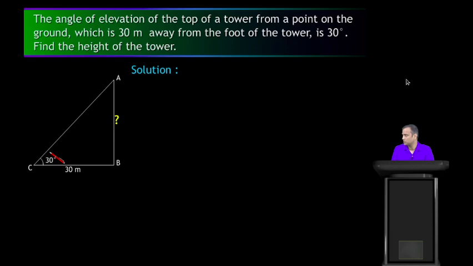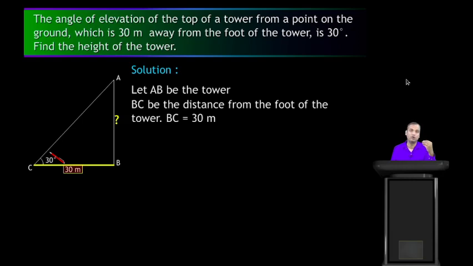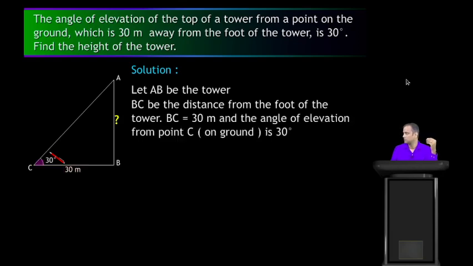Okay, so let's see what the solution is. Let AB be the tower. Now BC is the distance from the foot of the tower, which is equal to 30 meters. And from point C, the angle C is given to us as 30 degree.